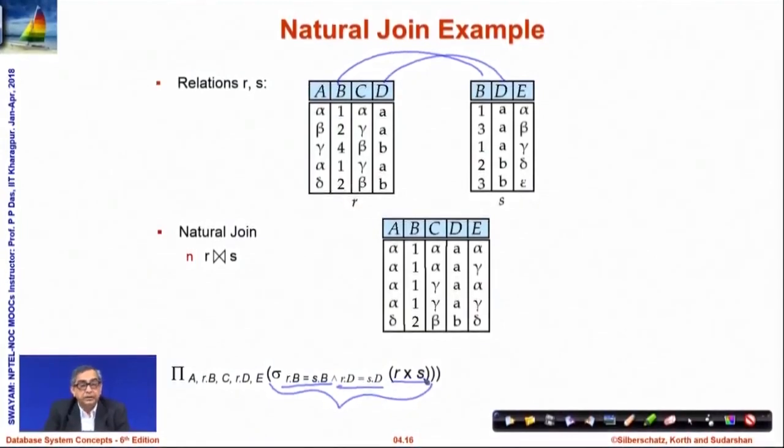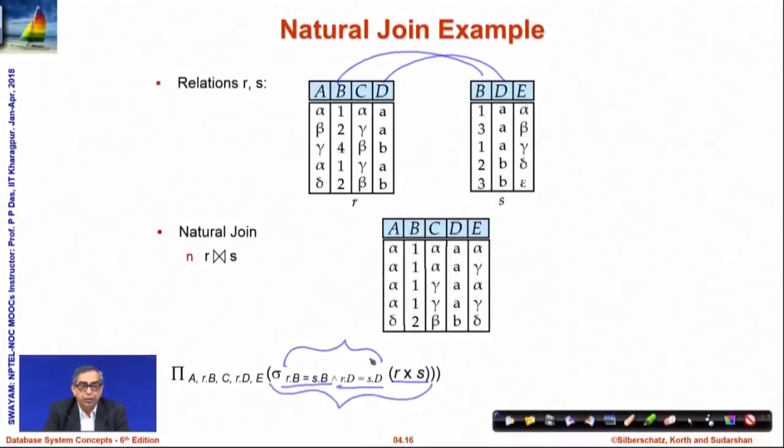As you do that, you get a table where there are two B's, R dot B and S dot B, and two D's, R dot D and S dot D, but according to this selection, for all rows, the value on R dot B and the value on S dot B are the same, and the value on R dot D and the value on S dot D are the same, because that is how we did the selection.